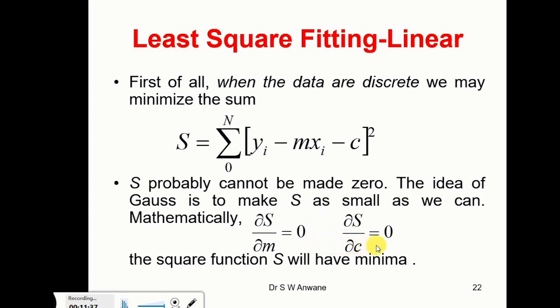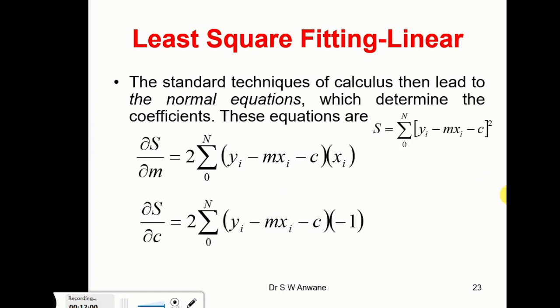These are the two equations which emerge, in the form of xi's and yi's, which are known quantities, while m and c are the two quantities to be found. So these two equations can be solved for two unknowns, the slope of the line and the y-intercept. Now basically this equation S is differentiated with respect to m.